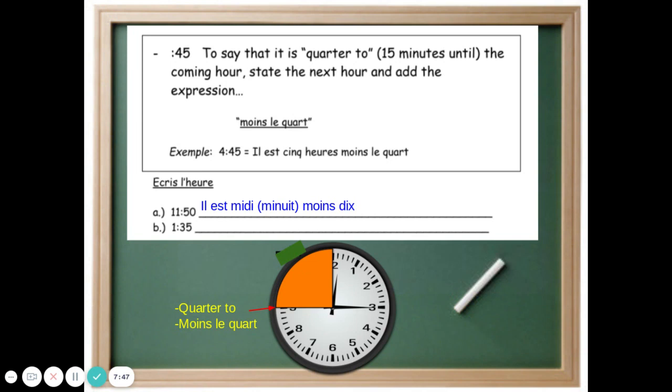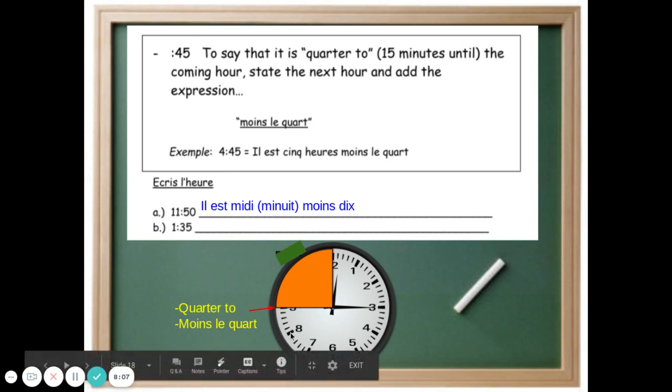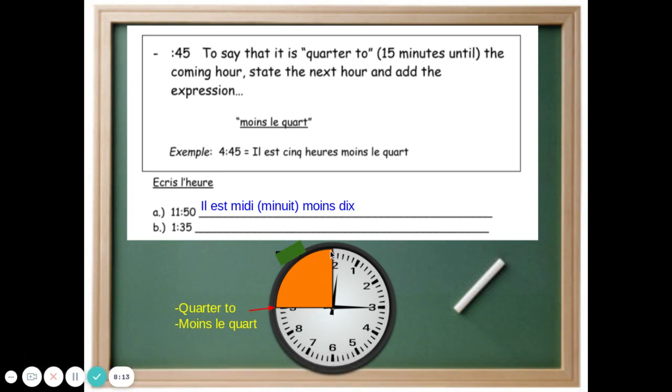The next one, 1:35. What is it closer to? It's closer to 2 o'clock than it is to 1 o'clock. So you're going to write il est, and you're going to write 2 heures. So il est 2 heures moins how many minutes is it? So your hand would be here on the 7. So you could count it: 5, 10, 15, 20, 25.